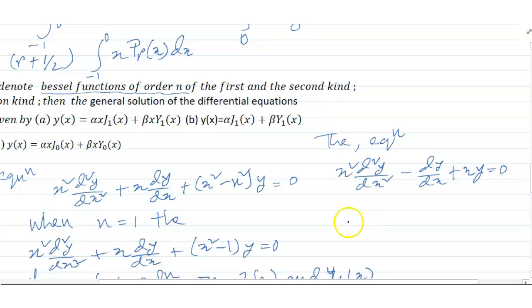So it has two solutions, x into j1x and x into y1x. So friends, my answer should be number A.